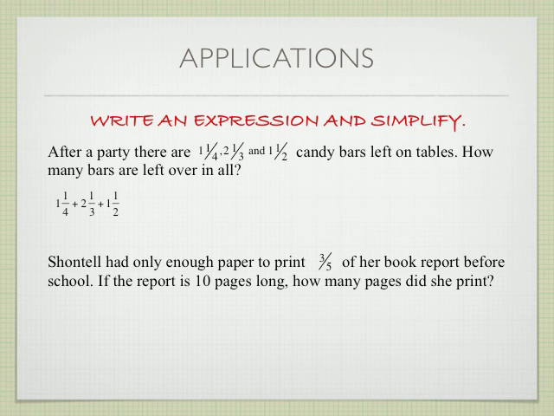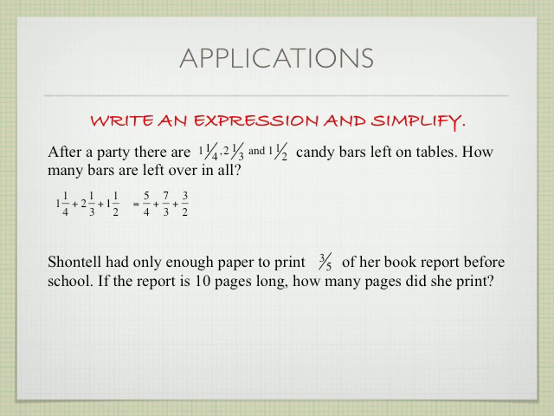An improper fraction, so let's convert those to improper fractions first. 1 1/4: 1 times 4 is 4, plus 1 is 5, so that's 5/4. 2 1/3: 2 times 3 is 6, plus 1 is 7, so I have 7/3 for the middle fraction. 1 1/2: 1 times 2 is 2, plus 1 is 3, so I have 3/2 for the third fraction.